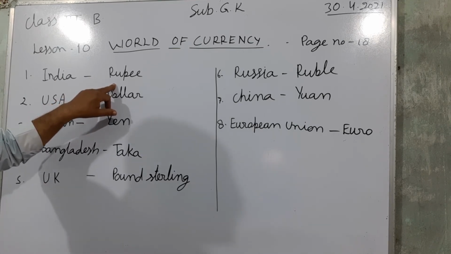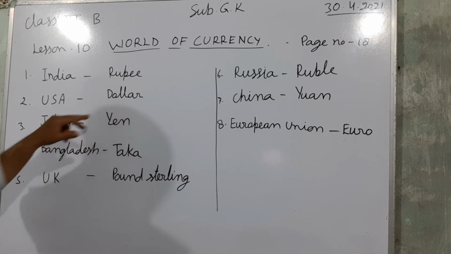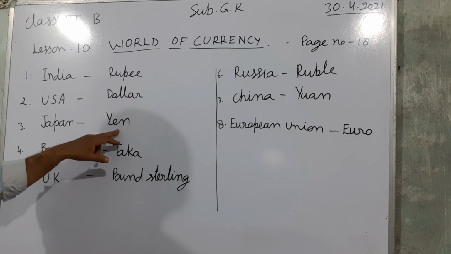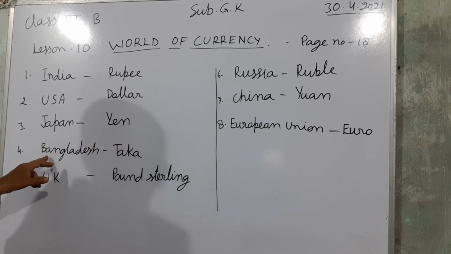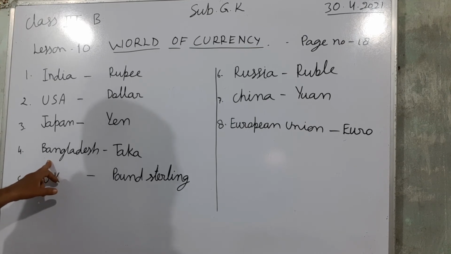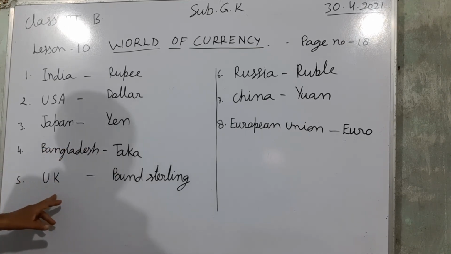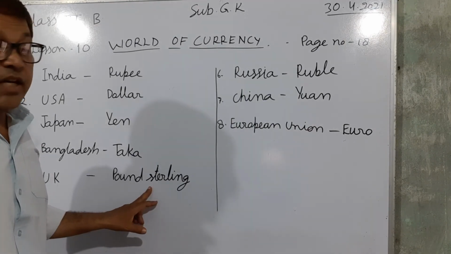Next, USA having dollar. Third one, Japan. Its currency is yen. And Bangladesh, its currency is taka. And UK having pound sterling.